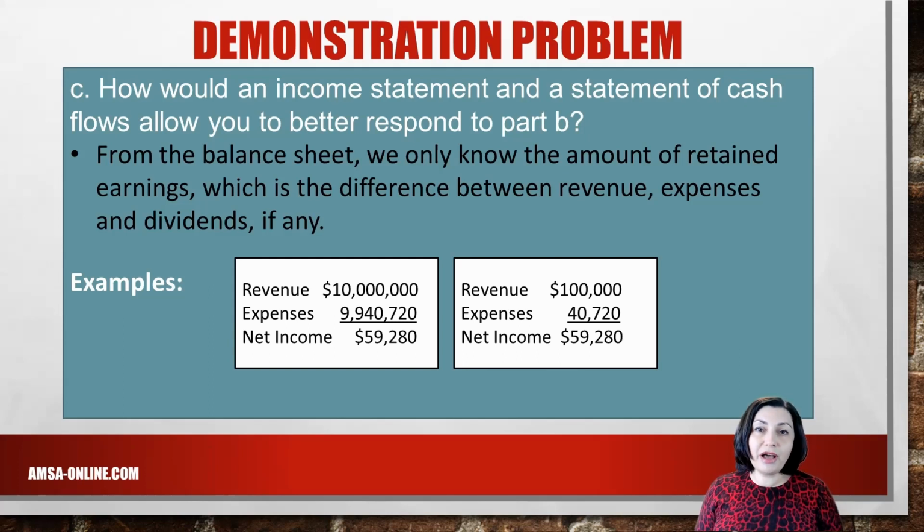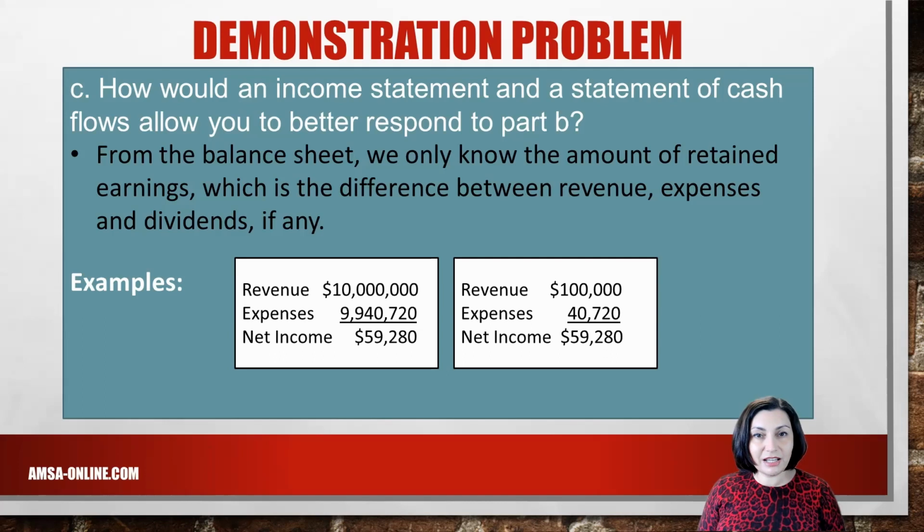We know that the balance in the retained earnings account is $59,280. It could be $10 million in revenue, less $9,940,720 in expenses.